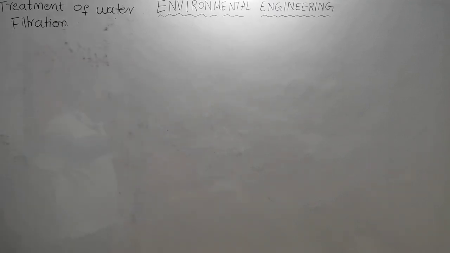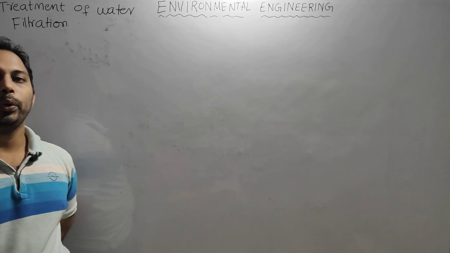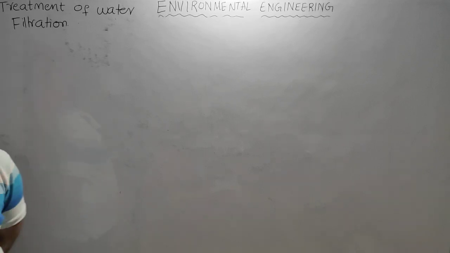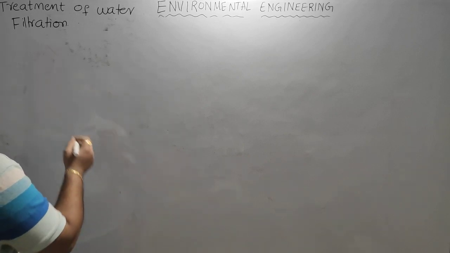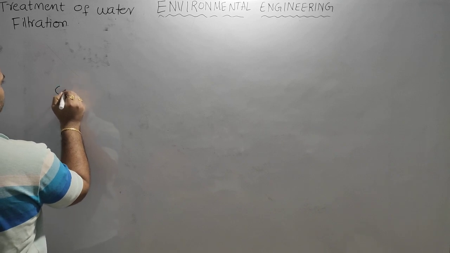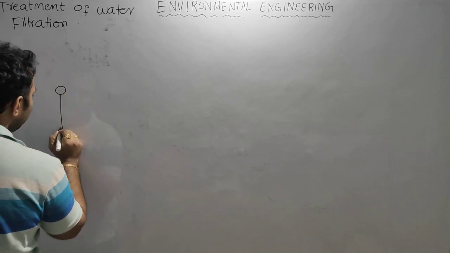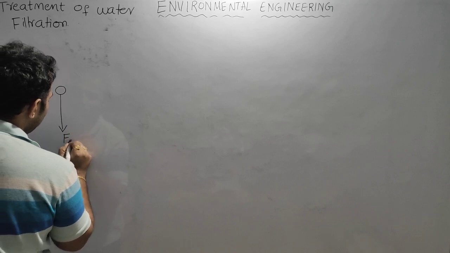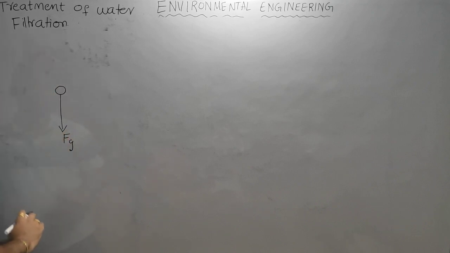So I already told you, the backwashing should be done such that it removes only the impurities, not the filter media particles. Now here, if you look at the filter media particle, generally there will be a gravitational force acting downwards, as we are applying the force or velocity of the backwash on this particle.